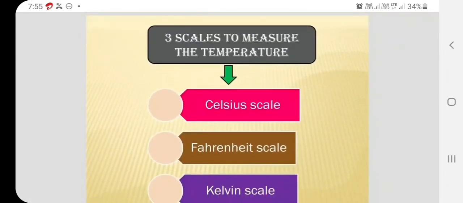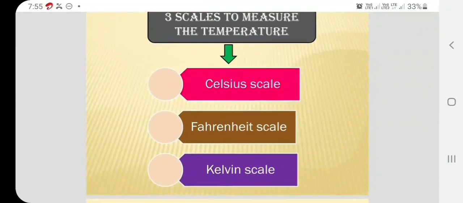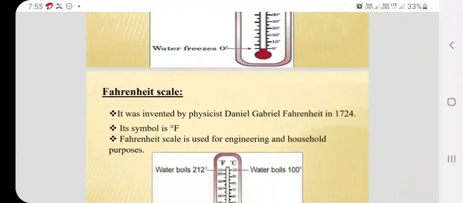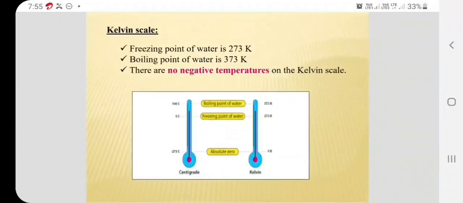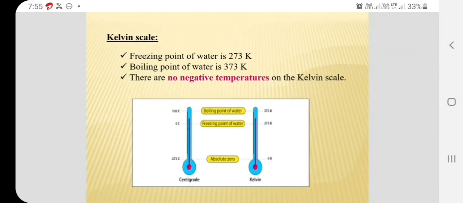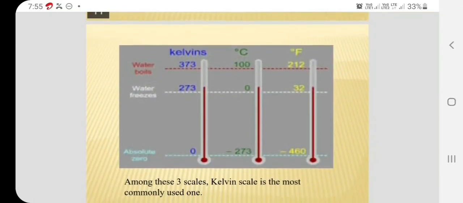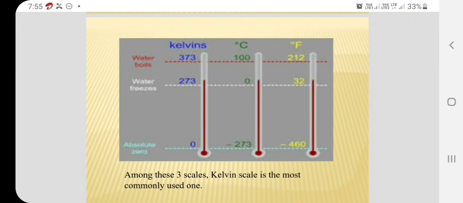We have seen the three types of scales: Celsius scale, Fahrenheit scale, and Kelvin scale. This Kelvin scale is very important because there are no negative temperatures on this Kelvin scale, and there is a 0 Kelvin. That is a very important thing. And we have seen the difference between these three scales. Among these three scales, Kelvin scale is the most common one.